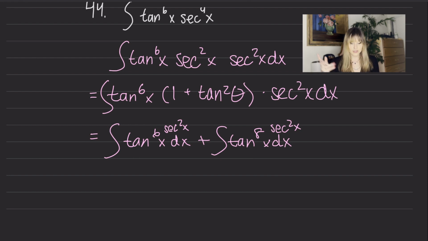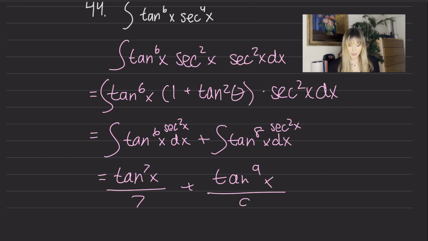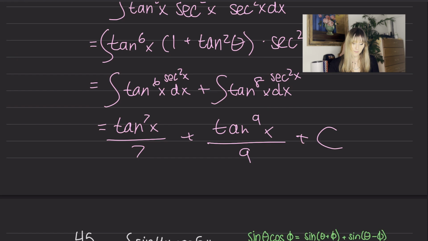Using that chain rule situation, I'm skipping a couple steps here, and I get tangent to the 7th x over 7 plus tangent to the 9th x over 9. And that's just from the simple rules of integration. We are able to do that because the derivative is already inside of it because of that u substitution. Does that make sense? So don't forget the plus c.